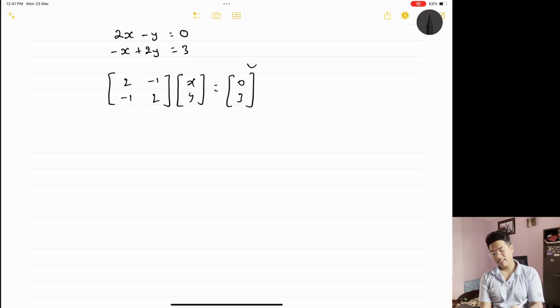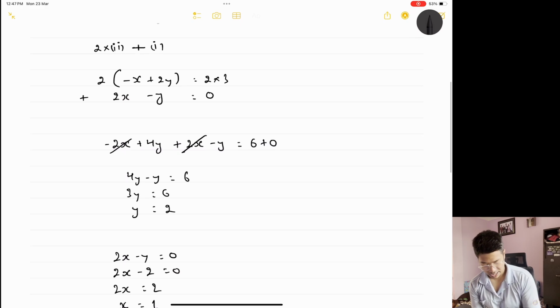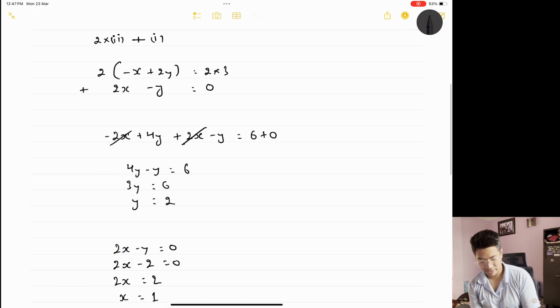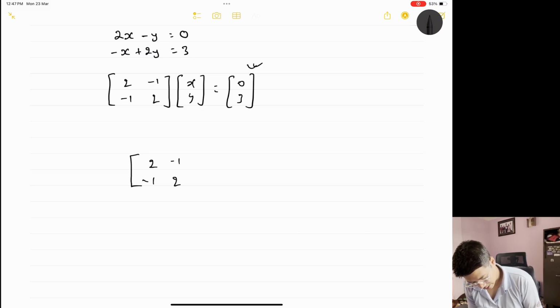I do need this thing over here, because I have to do the same things to this as well. So I'm going to create a new matrix, which looks like this: -1, -1, 2, 0, and 3.